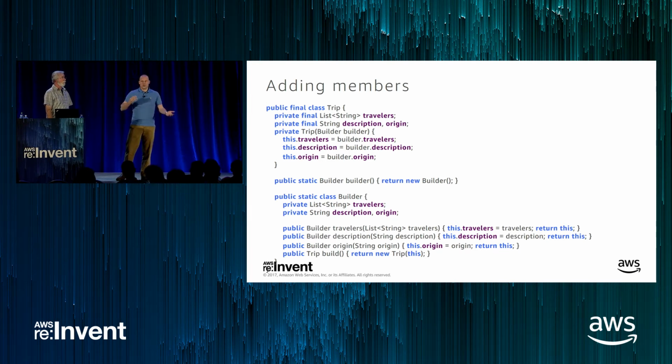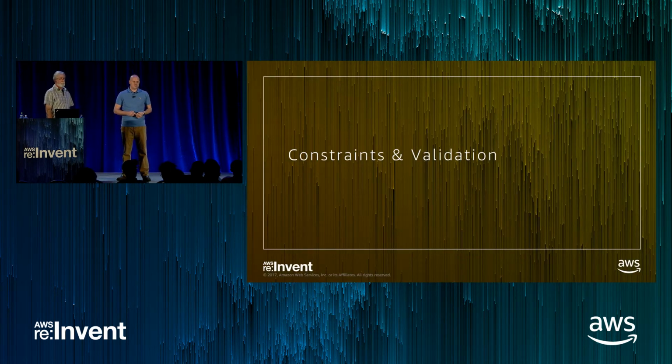So that's two options for how you can go about modeling a complex type within Java, although this pattern can apply to other compiled languages as well. Now that we've talked a little bit about adding, and we know that adding is legal, I've had customers come to me who are using the trip API, using the origin, and what they really want is to add a destination as well.